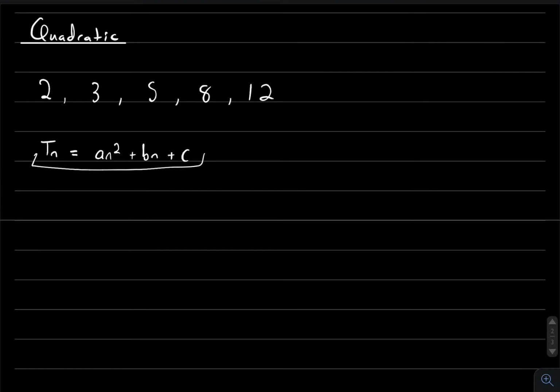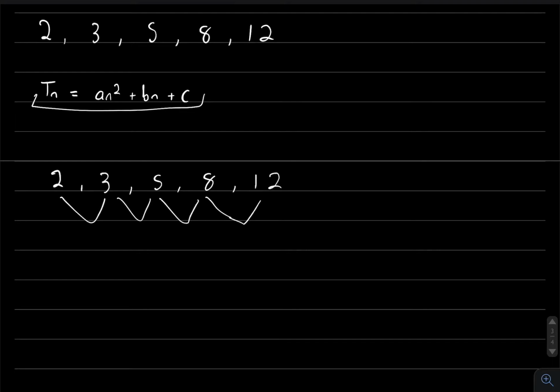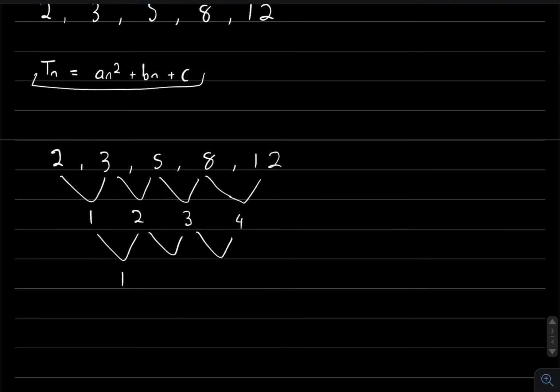Okay, so basically we need to find a, b, and c. And the way we do that is we write it out again. And we find the differences, first and second differences. So we see that that's 1, 2, 3, 4. We go and find the second differences, which are 1.